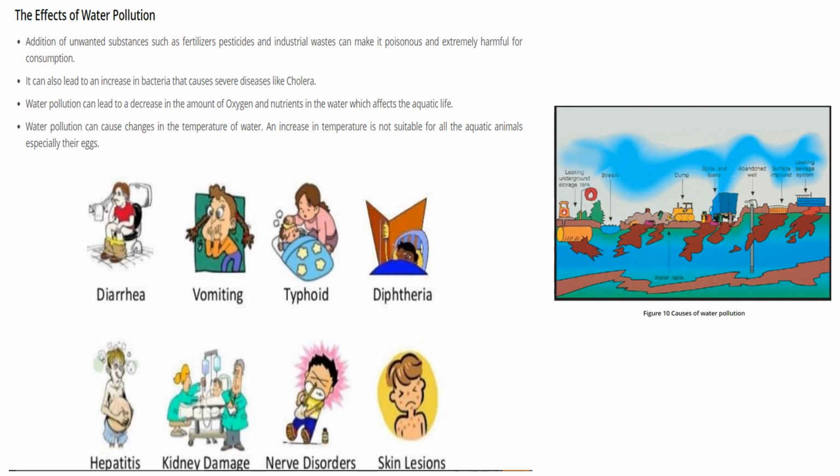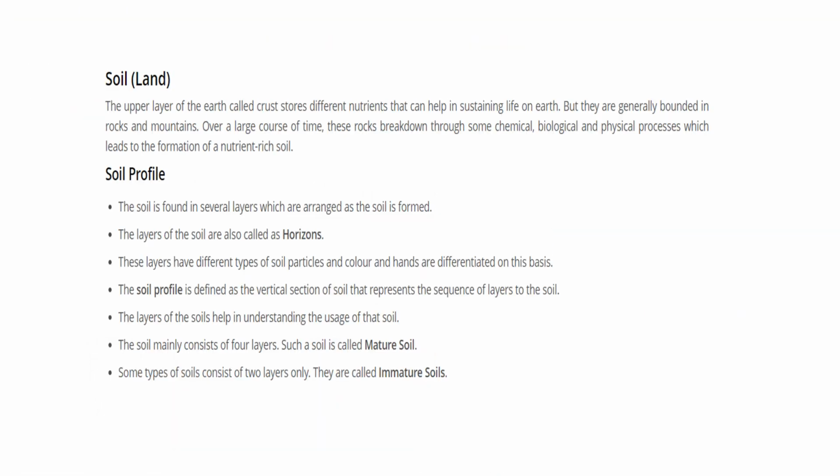It also leads to the decrease in amount of oxygen and nutrients in the water that will affect the aquatic life. So this is about the effects of water pollution. So next, coming to the next topic, soil. The lithosphere part, that is the land, is called soil. Soil is an important resource that decides the diversity of life in an area.